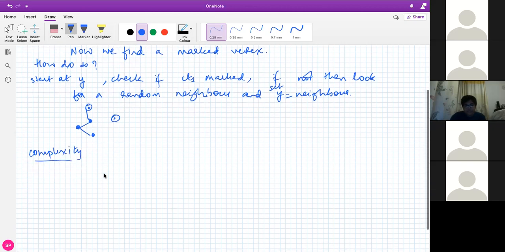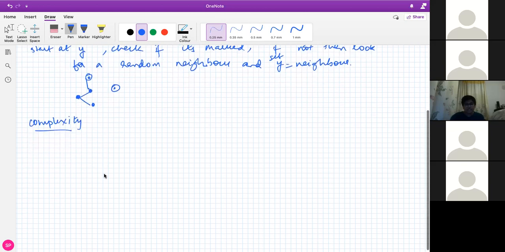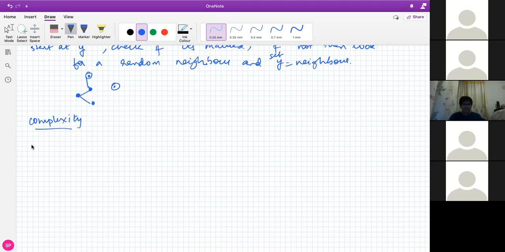For the purpose of this talk, we are going to assume certain properties of the graph. First, we assume it's an undirected graph. We assume that it's connected.